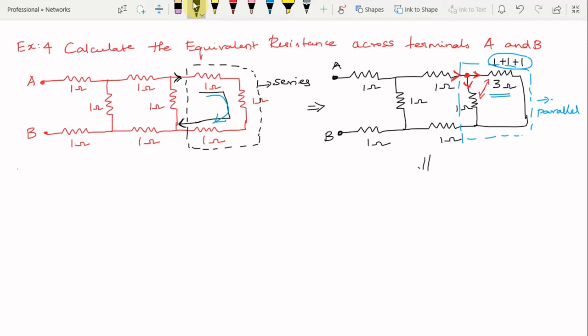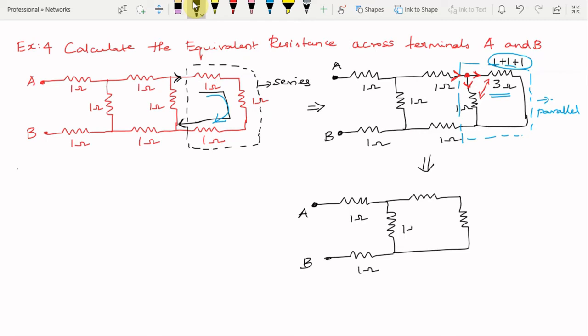So now, if we redraw this circuit, we will get the equivalent circuit as this.